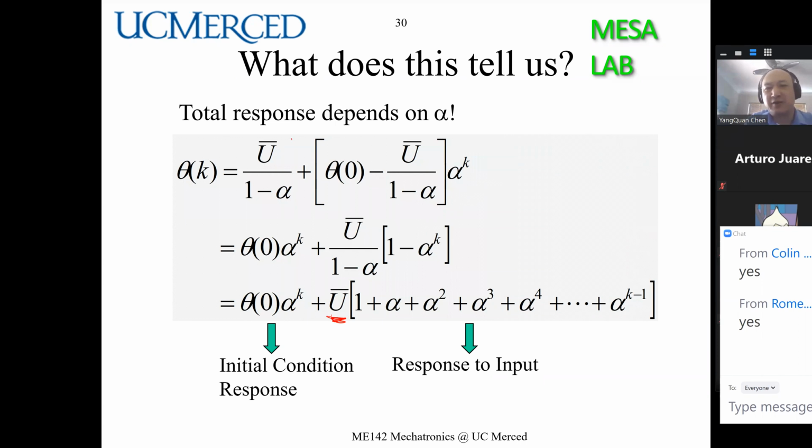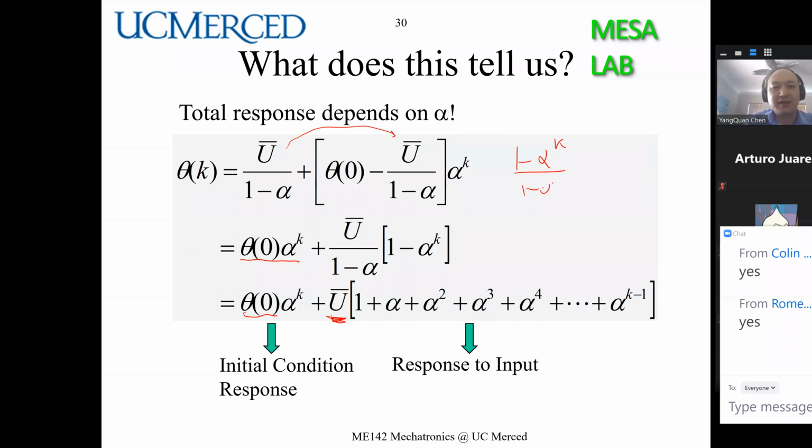By combining this term and this term, you have theta 0 alpha to the k. This is due to the initial condition. And the other one is actually 1 minus alpha to the k divided by 1 minus alpha. This is nothing but this power form.